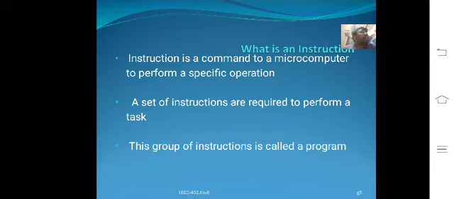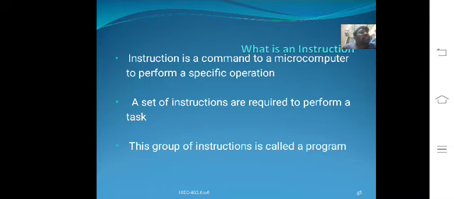The outsiders are not allowed in this particular program, and the program is conducted between morning 9 to evening 4 o'clock only. In the program you have to give the time for the dance, singing and skit, and the remaining speeches and prize distributions. All are instructions. Based on these instructions, the annual day celebrations program is successfully completed or executed.